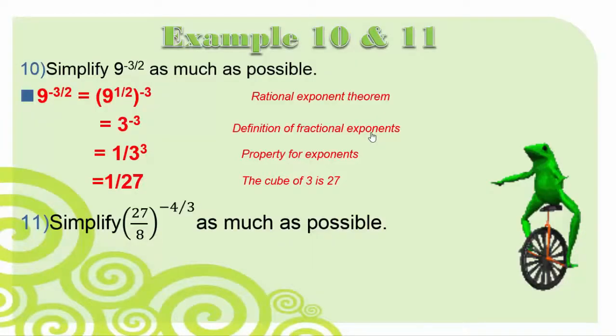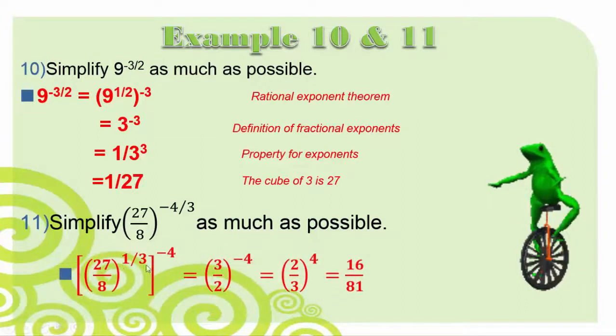Reviewing what we just did in example number 11, we saw that if we bracket this, we put another bracket and put this to the power, and then what's inside here to the 1/3 power, we see we have perfect cube of 27, and also 8 is a perfect cube. So 3 is the cube root of 27, 2 is the cube root of 8.